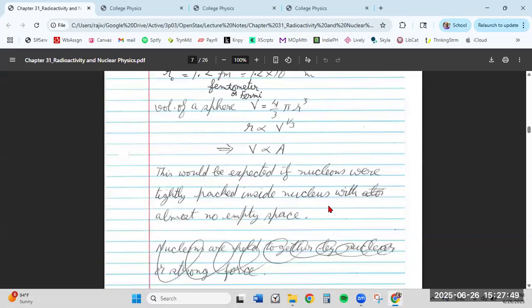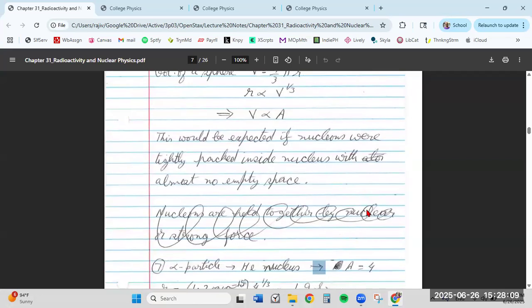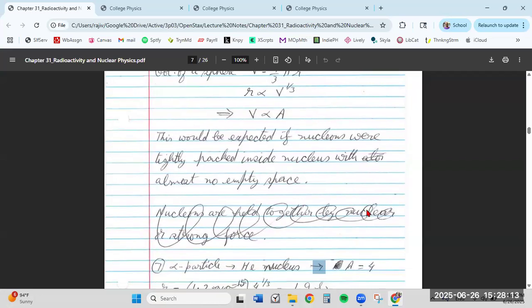And that means the volume is directly proportional to A, the number of nucleons. So if you double the number of nucleons, the volume of the nucleus also doubles. And this would be expected if nucleons were tightly packed inside the nucleus with almost no empty space.